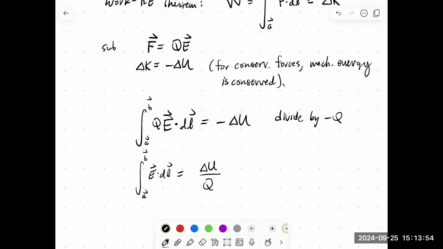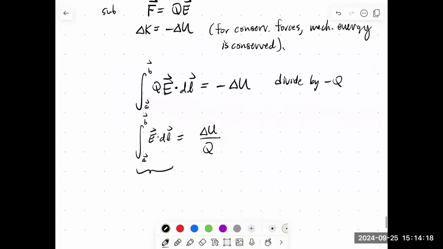But the first thing we did today was show that this was equal to the change in electric potential. We did it in two ways. You could either do the argument that we did right at the beginning, or you could say, by the fundamental theorem for gradients, this has to be the change in potential.